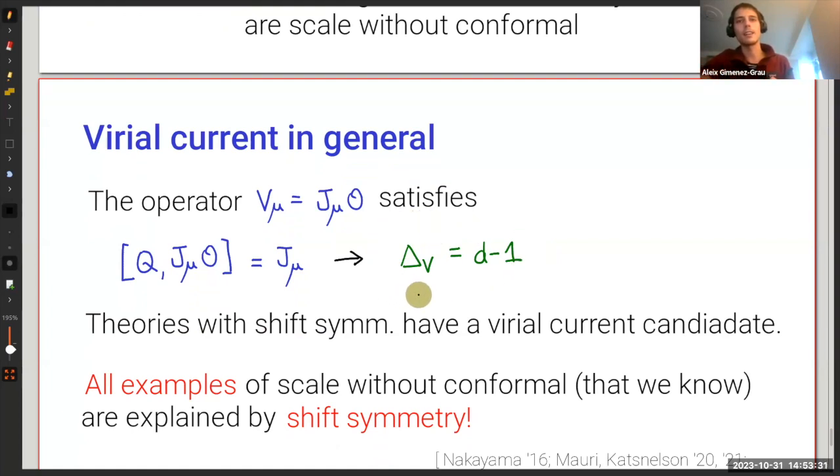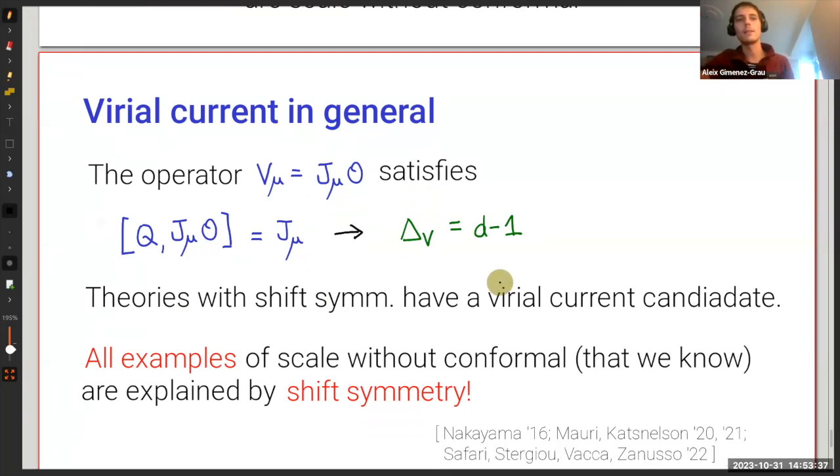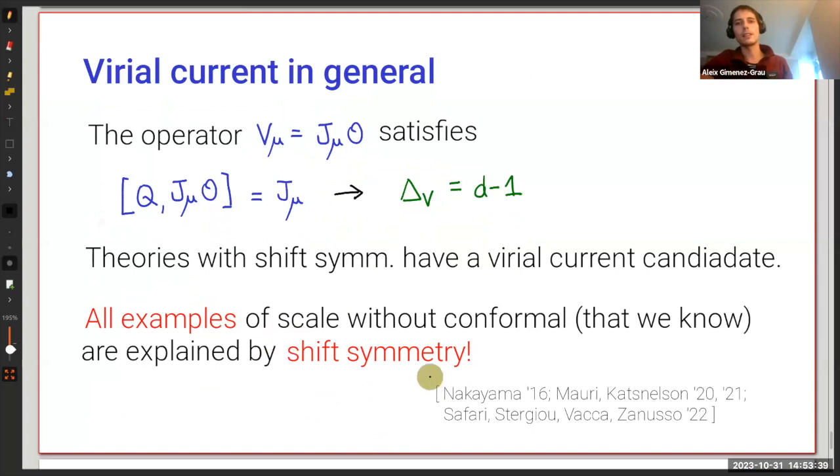So any theory that has a shift symmetry actually has some operator that could potentially be the virial current. We did the calculation in some examples that we know of, and it always works out like this. In fact, as I was saying, we went through the literature, and we saw that all examples that people came up with of theories that have scale but not conformal invariance fall under our framework: all of them actually have shift symmetries.